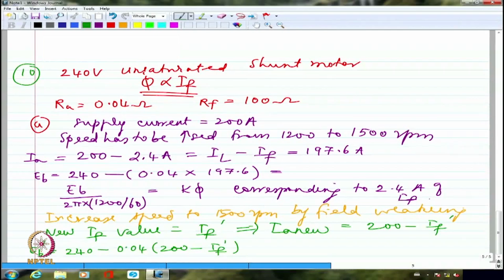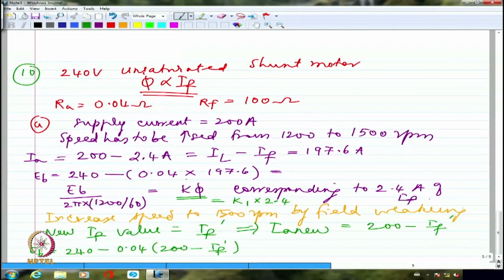But this has to happen at a value of 1500 RPM, right? So rather than writing this as K5, this K5 is actually K into IF dash multiplied by some other constant, or I should say this K5 is equal to K1 multiplied by 2.4.